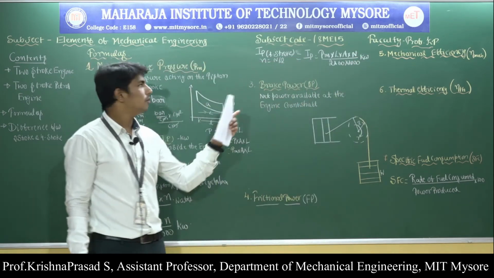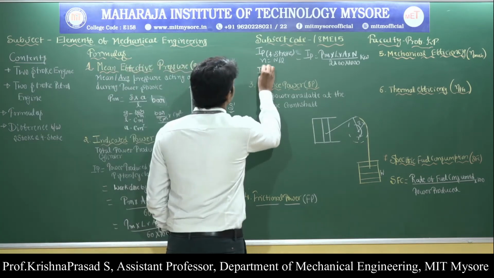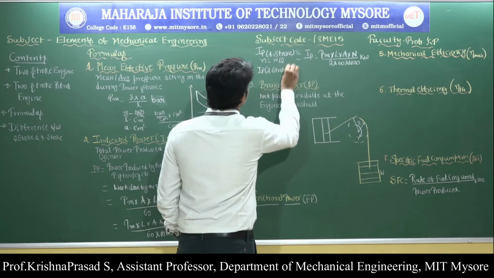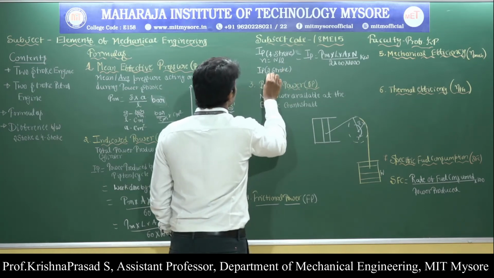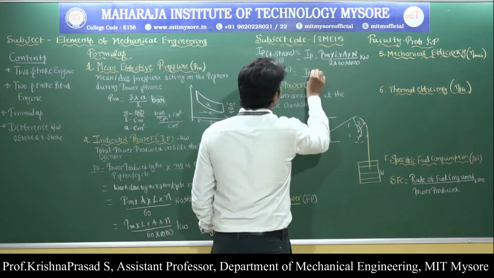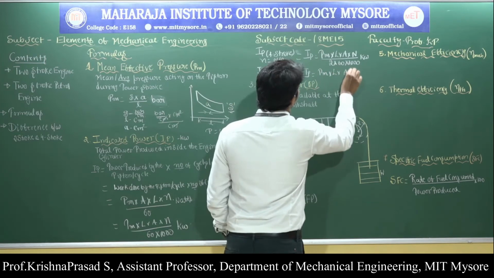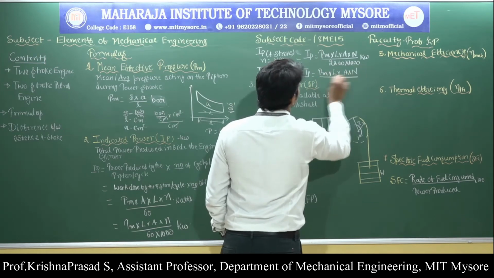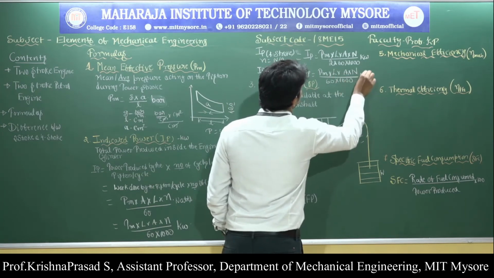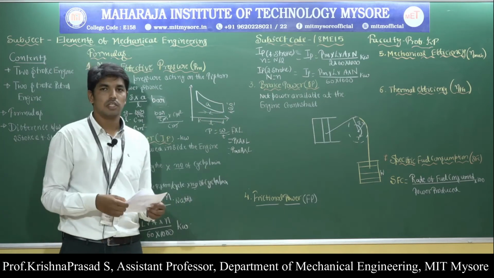This is the indicated power for a 4-stroke engine. Similarly, for a 2-stroke engine, small n is equal to capital N. Therefore, IP is equal to PM L into A into N into 60 into 1000. So this is regarding the indicated power for a 2-stroke engine.